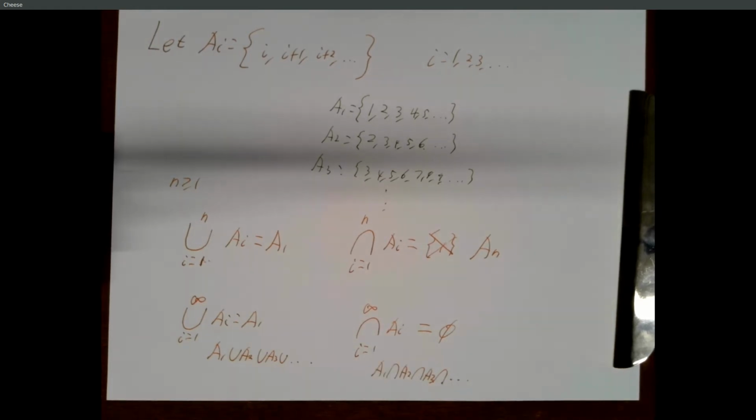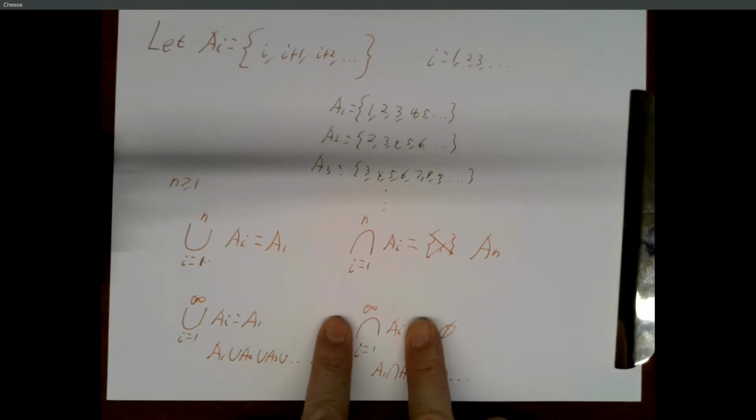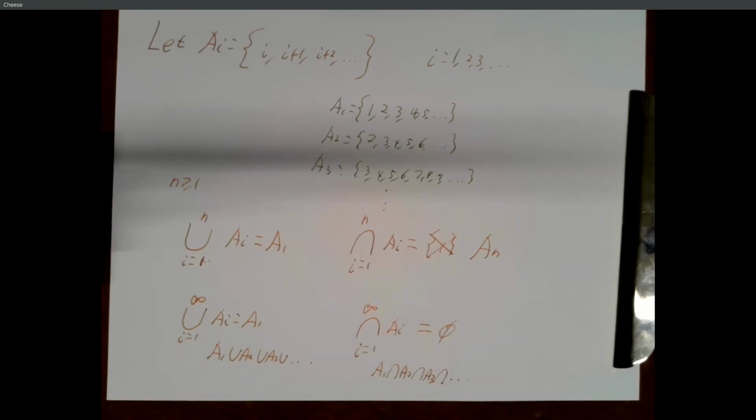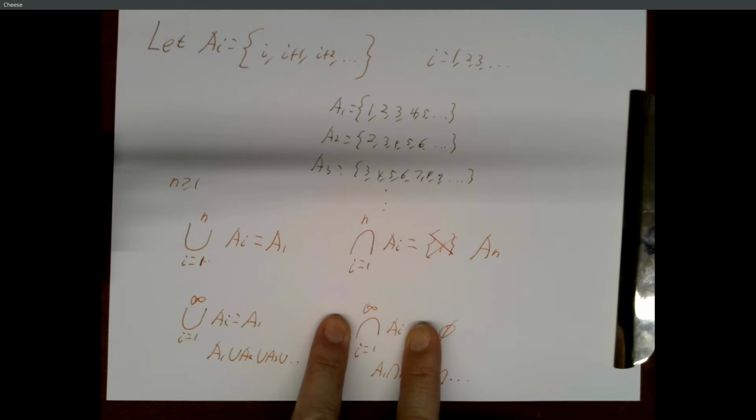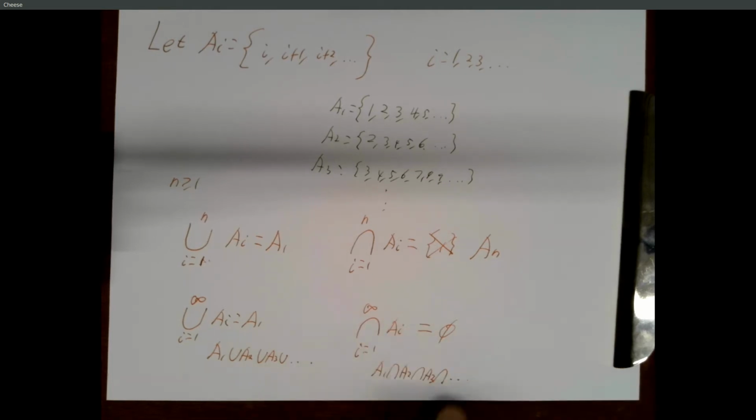And if you think 5,000 must be in this intersection, well, this is also the intersection taken with A5001, which doesn't contain 5,000. And so any integer that you think of is missing from at least one of these A sub i's. In fact, it's missing from a whole lot of them. And so any integer that you think of cannot be contained in this intersection. And so you're forced to conclude this intersection must be equal to the empty set.